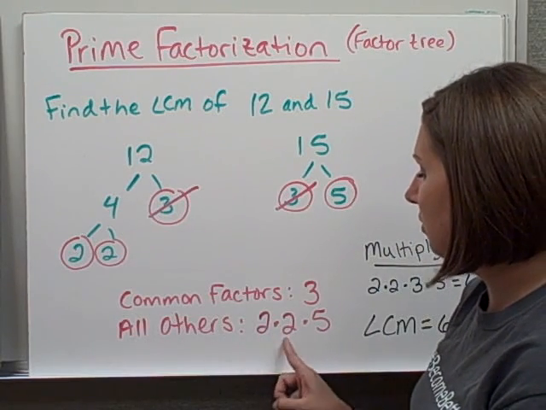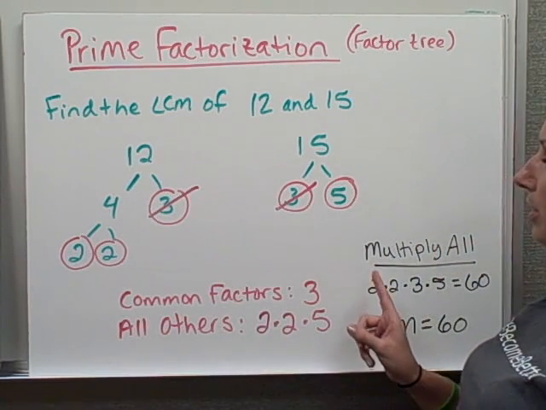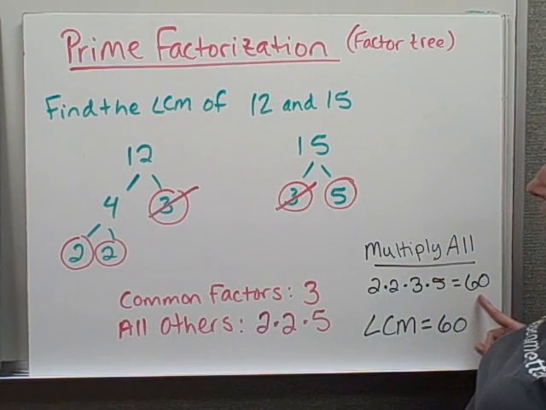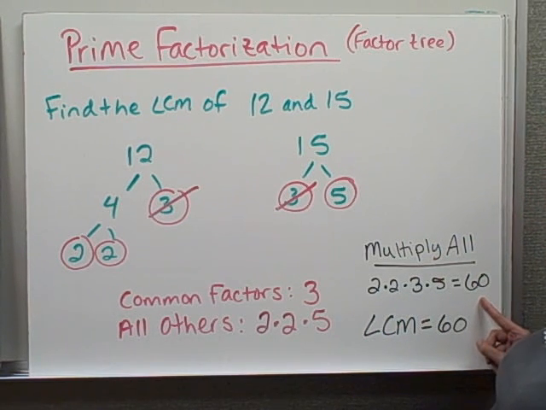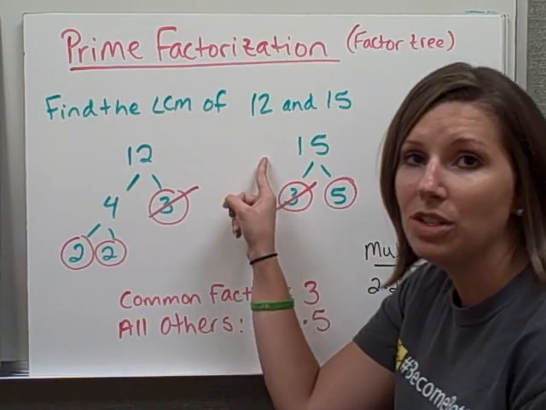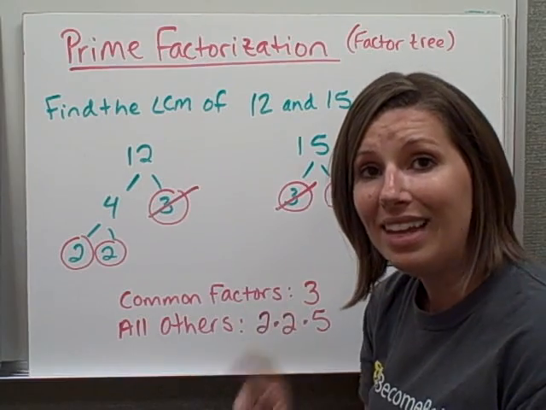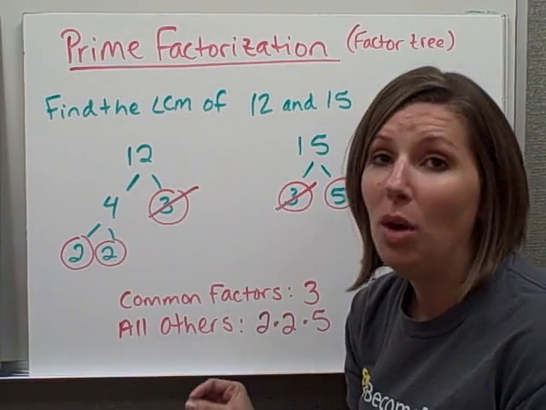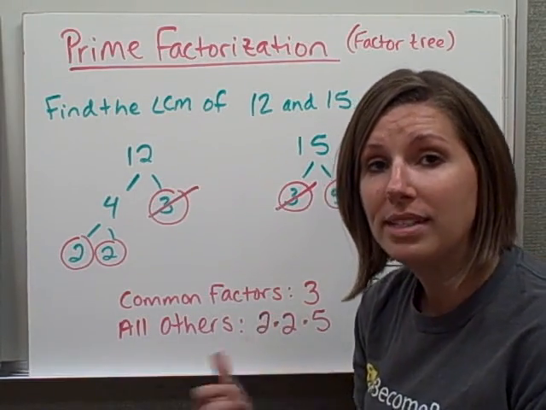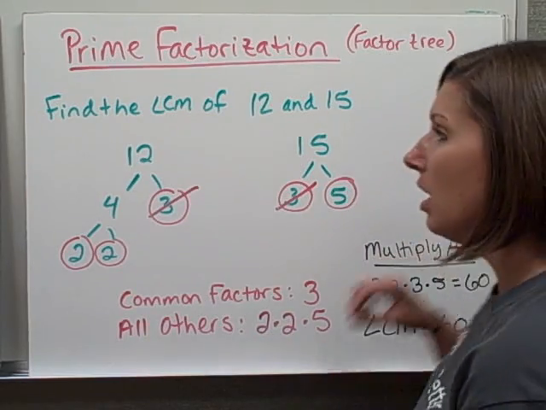So I wrote down 2 times 2 times 5. What we're going to do is multiply all of those numbers together, and when you do that, you get the number 60. So the LCM of 12 and 15 is actually 60. If I made a list, that might have taken me a while. This is a shorter way to get to the LCM.